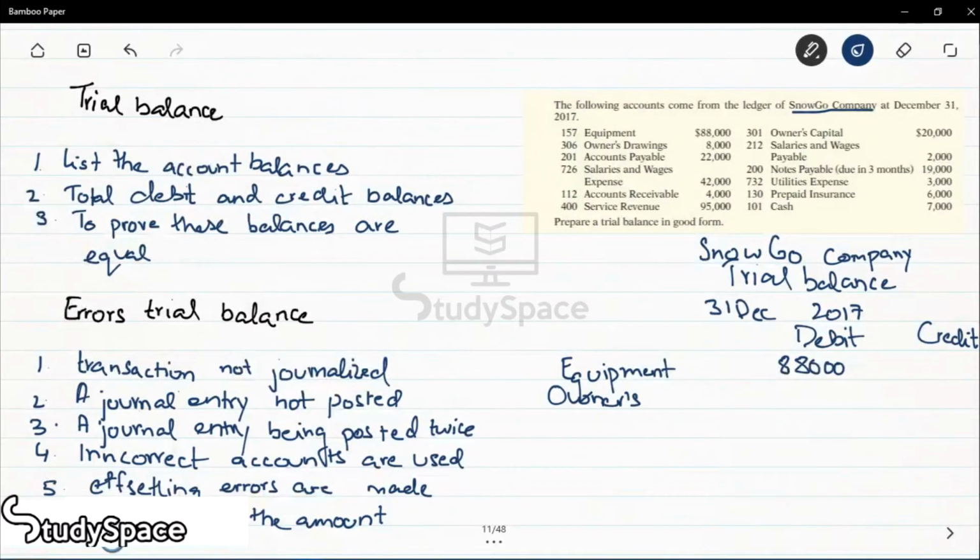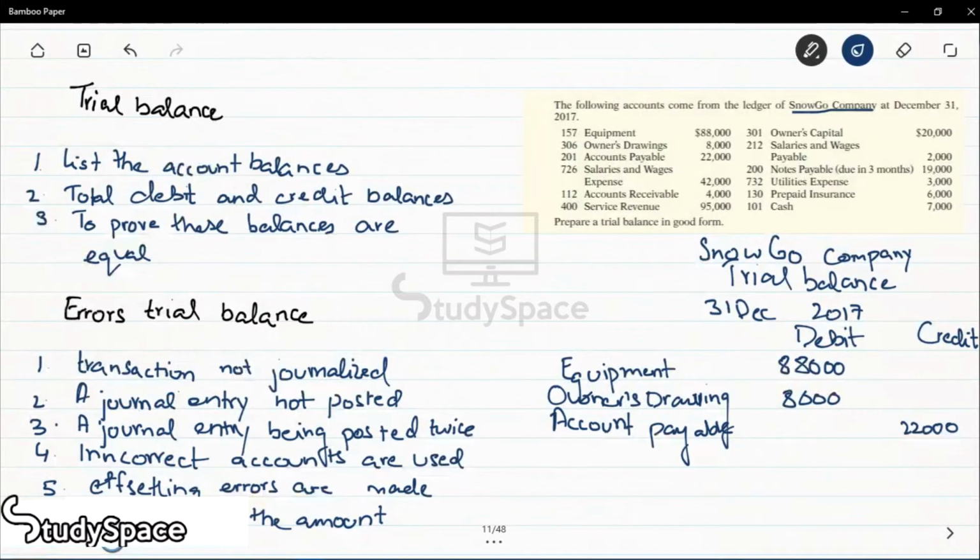This is also going to be a debit balance because it is positive, and drawings are generally going to be a debit balance because they do not have a particular continuing balance, as you will study further in videos when we come to closing entries. Then we have accounts payable. As accounts payable is also positive, it will have a credit balance of 22,000.